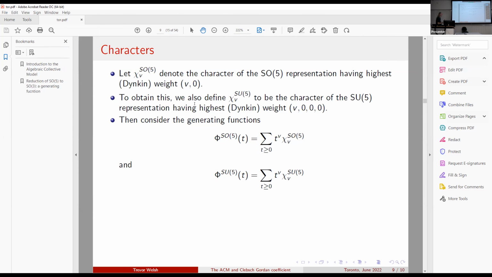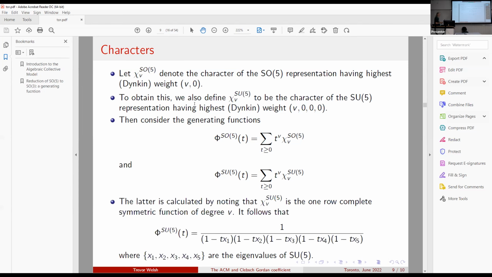So that's the SO5 case. We've got a corresponding generating function for the SU5 case. I should say that t here is a parameter, but it's usually regarded as a complex number with modulus less than 1. And that means that we can then add things up using geometric series and such.